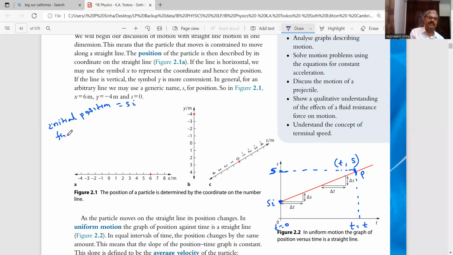Final position of the body is equal to S. And the body is moving from SI to S with uniform velocity. Okay. So that velocity, we can assume that that velocity is u. Is the uniform velocity.